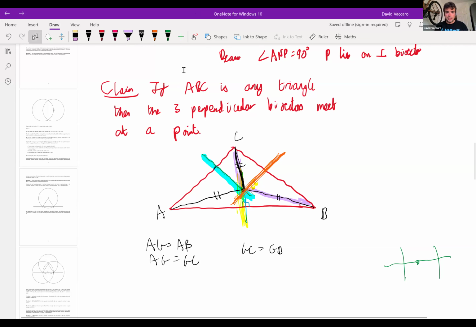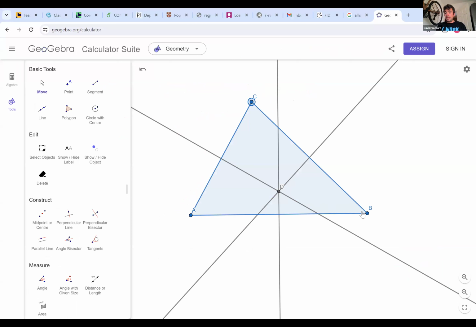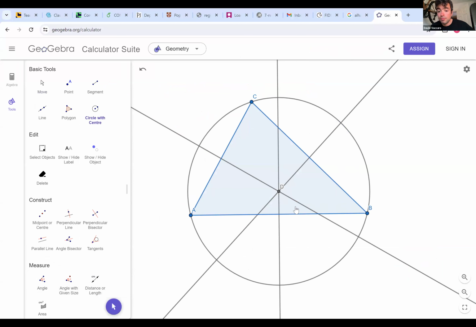So if I just go back to my construction in GeoGebra, this point D, where the three perpendicular bisectors meet, if I was to draw a circle with D, then it would pass through the 3 points on the triangle.